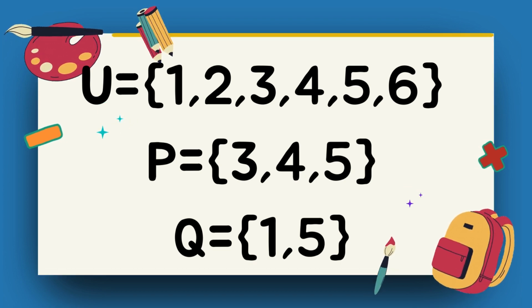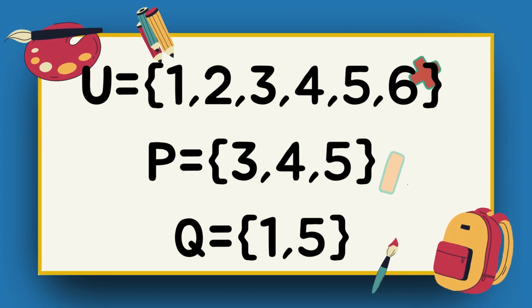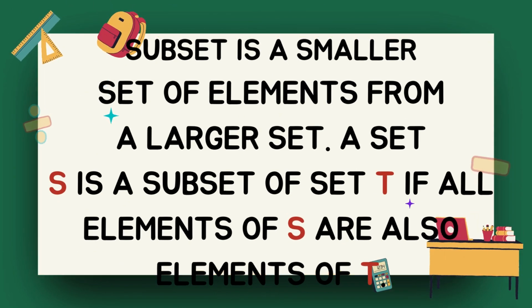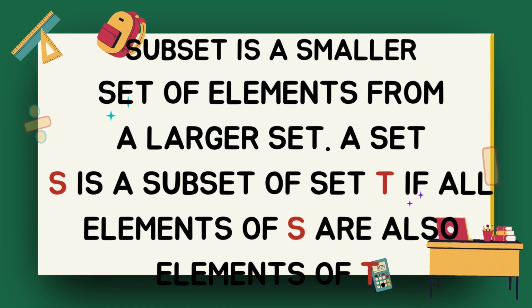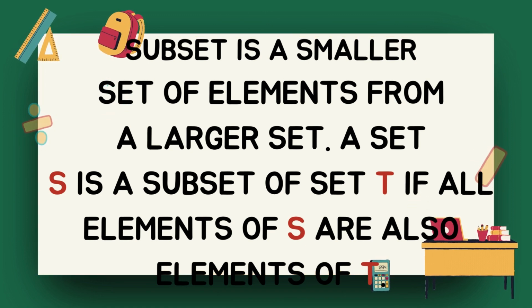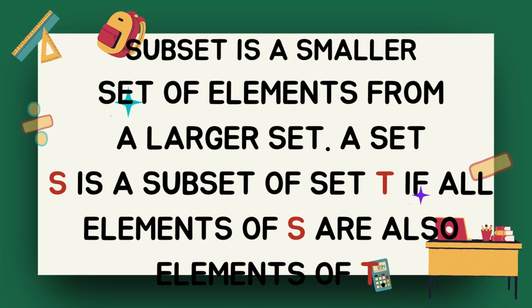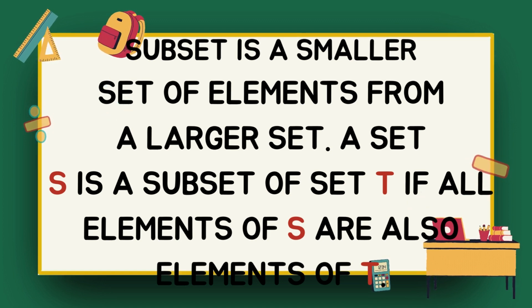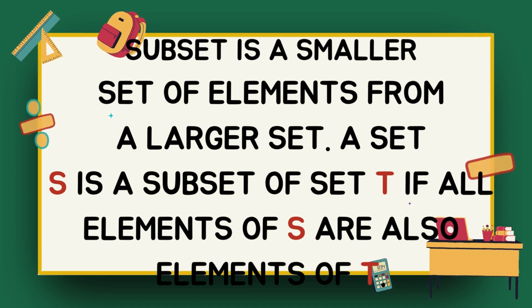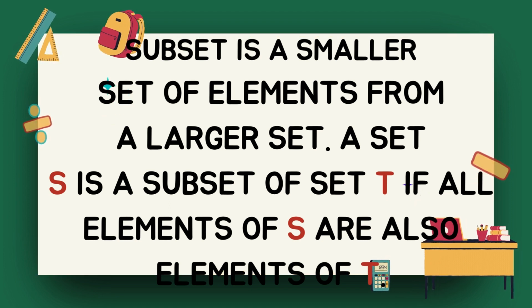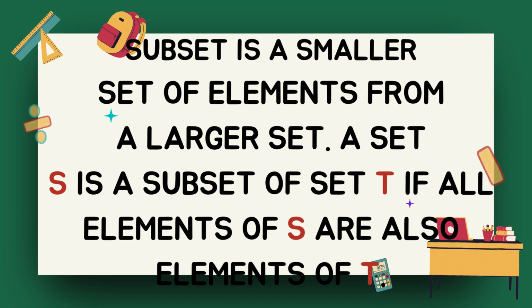Let's move on to subset. A subset is a smaller set of elements from a larger set. A set S is a subset of set T if all elements of S are also elements of T. So any set is a subset of itself.